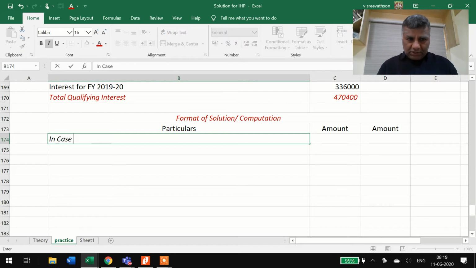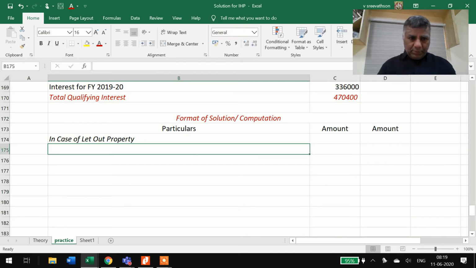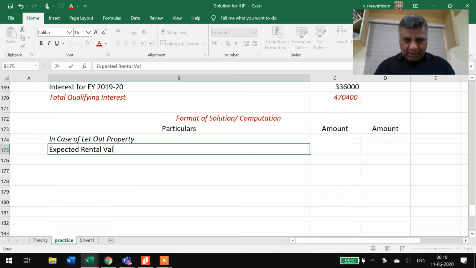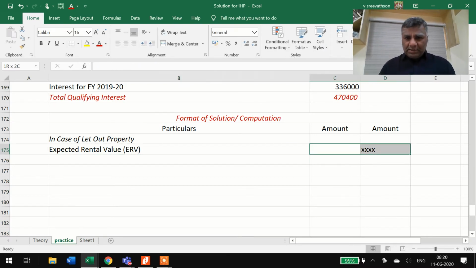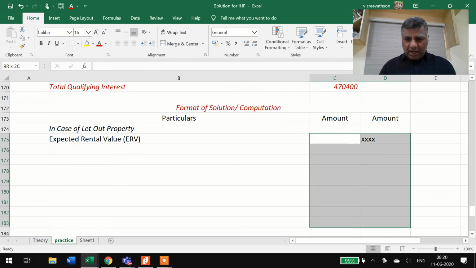In case of let out property, the answer will start with expected rental value. Friends, the answer will start with expected rental value.